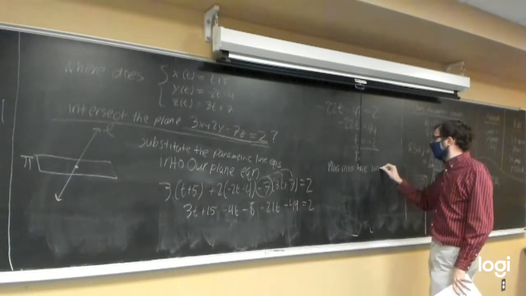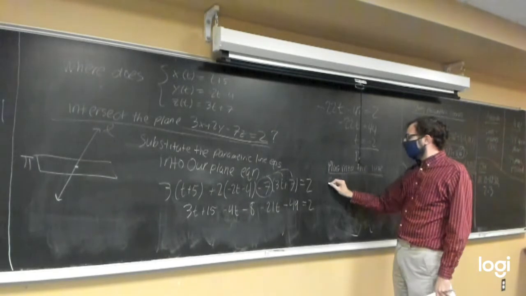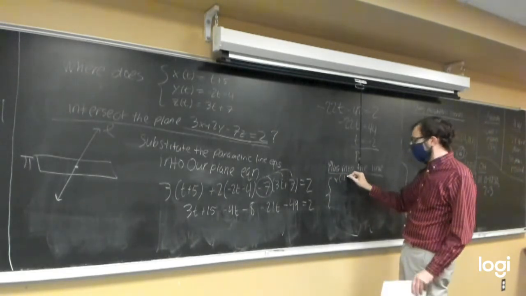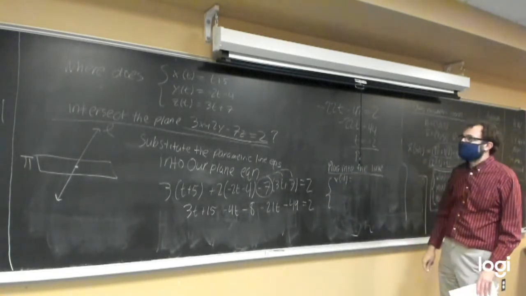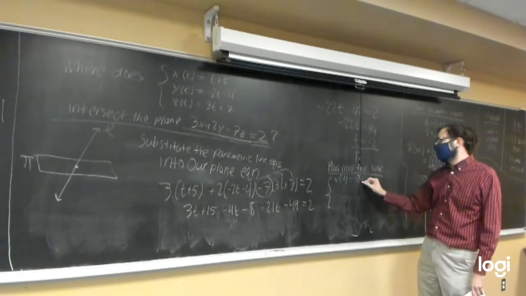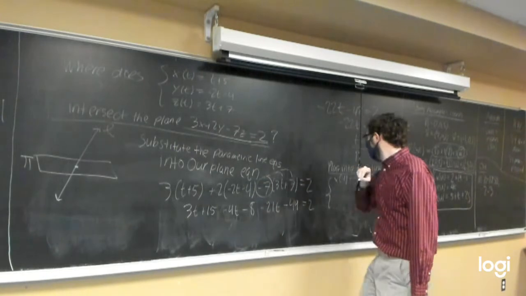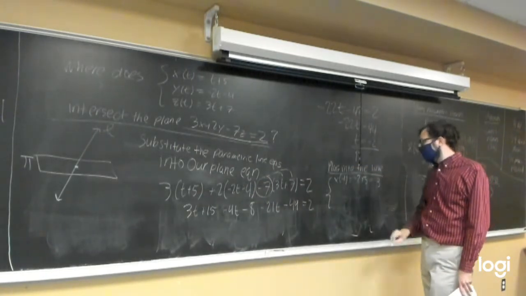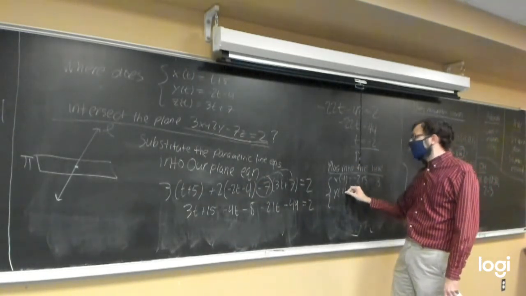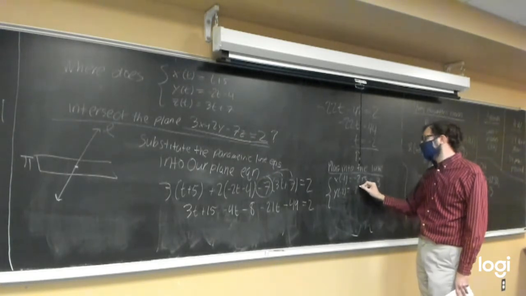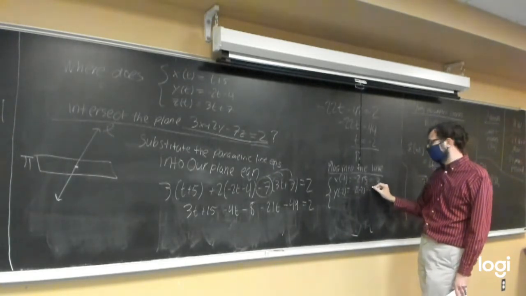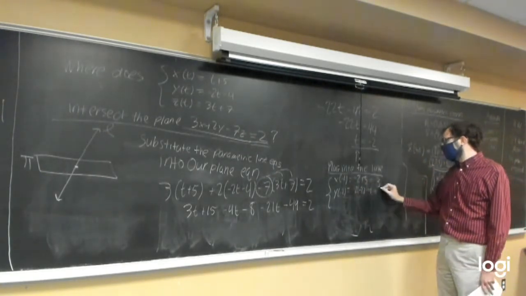The line, which if we do that, we'll get x of negative 2 is going to be negative 2 plus 5, just replacing the t here with our negative 2, which will give us 3. Our y of negative 2 is going to be negative 2 times negative 2 minus 4, which is 4 minus 4 is 0.